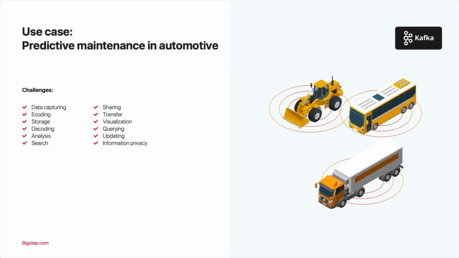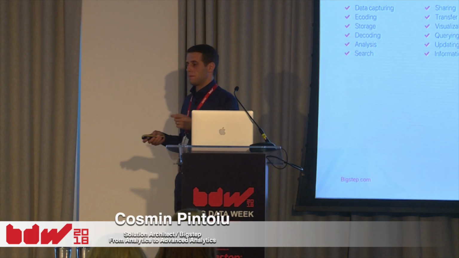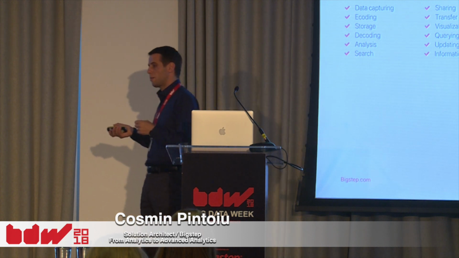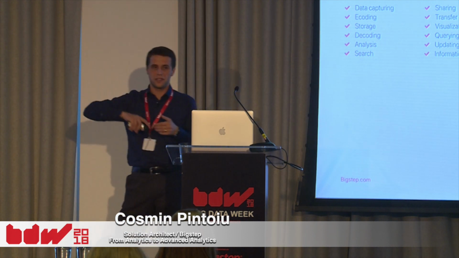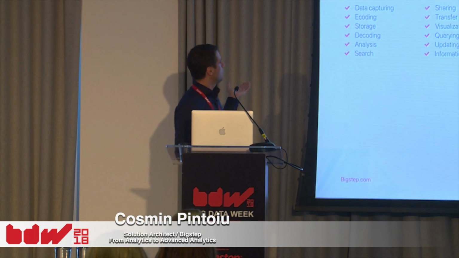So the type of sensors store information that is large, but each piece of information is small. Because the most expensive thing in doing this type of fleet monitoring is transmitting the data. So this happens over the air, so the data has to be very well encoded.